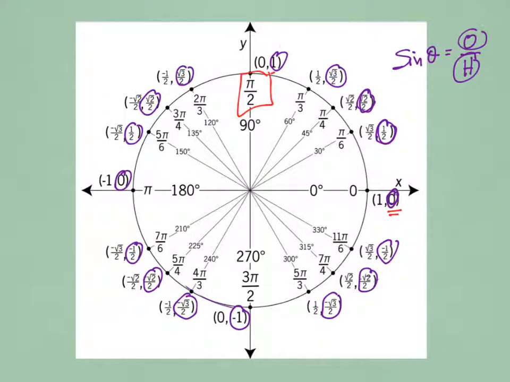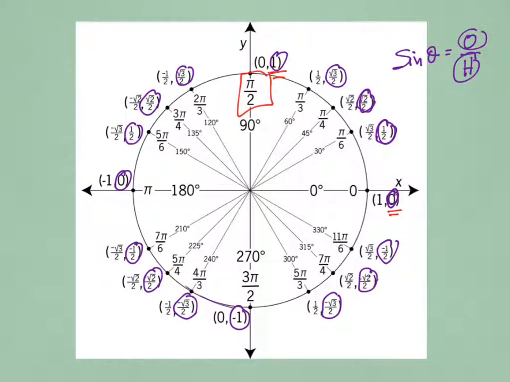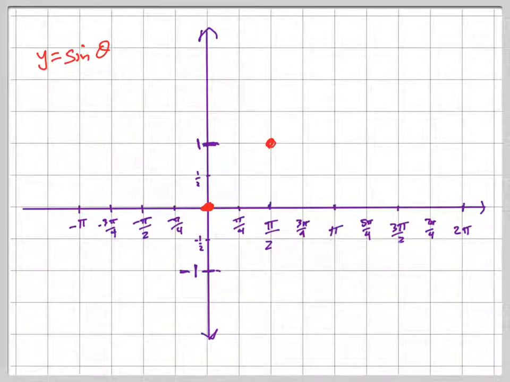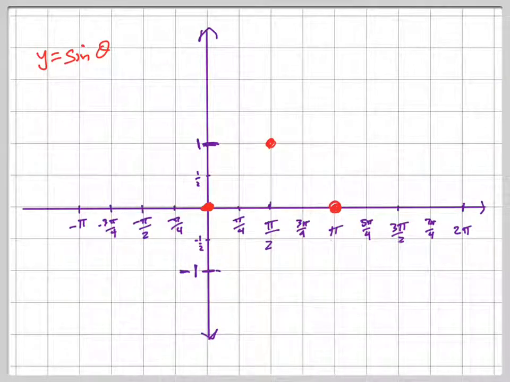It's 1. So at pi over 2, it goes up to 1. What's the sine of pi? 0. It goes back to 0. And what's the sine of 3 pi over 2? It's negative 1. So right here, it's negative 1. You see what I'm doing? And then it gets back to 0 at 2 pi. Do you see what's happening?